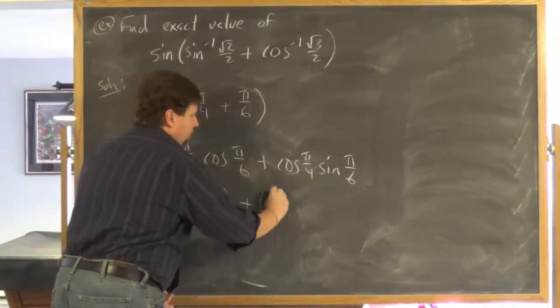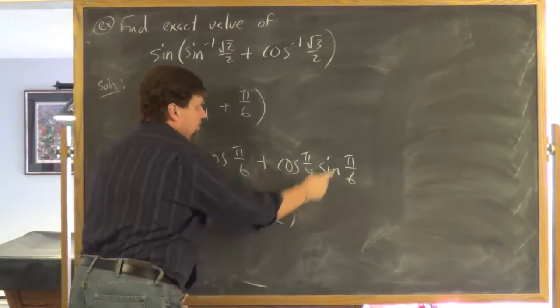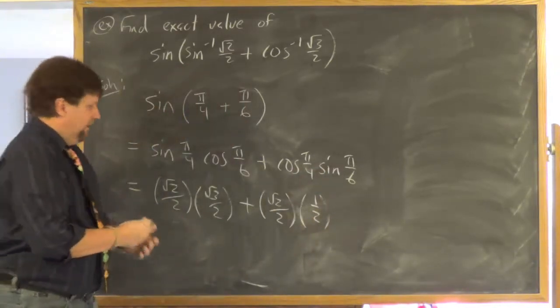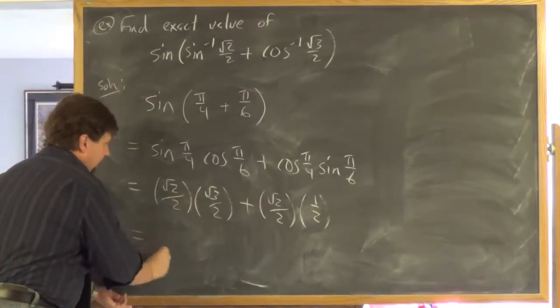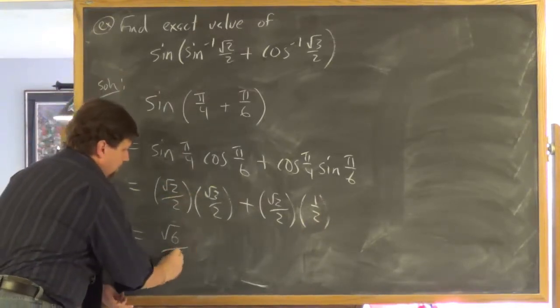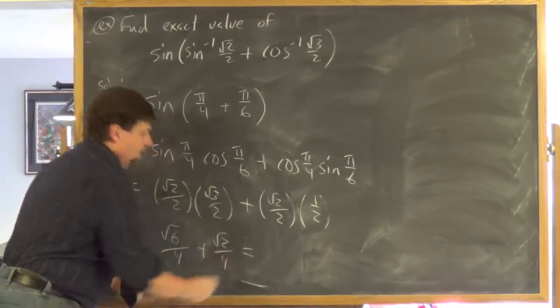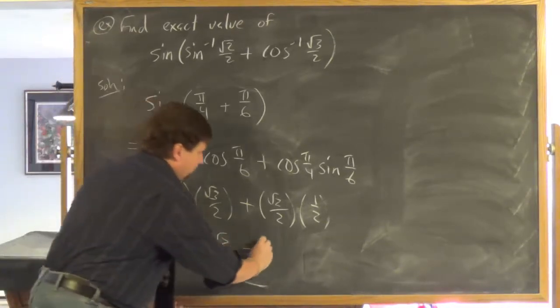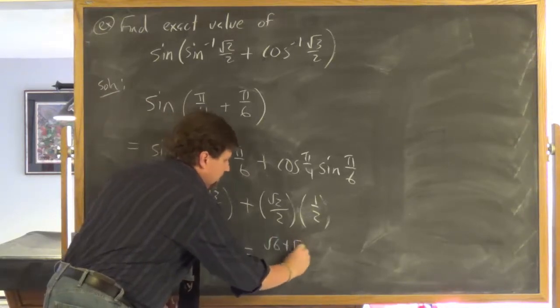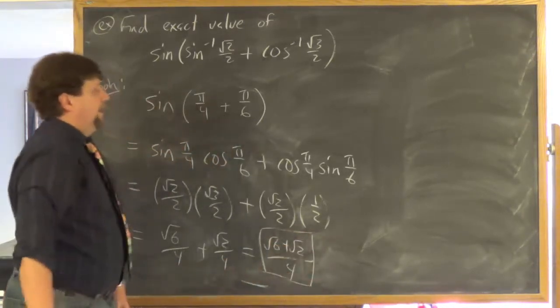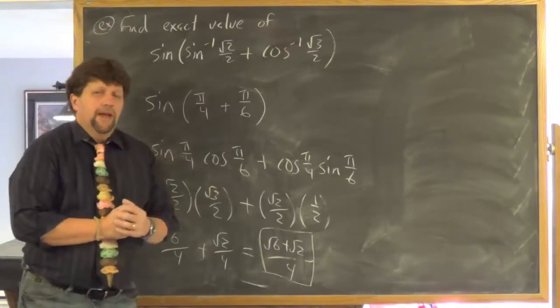Cosine of pi over 4, square root 2 over 2, and the sine of pi over 6 is 1/2. Multiply these fractions together. Square root 6 over 4 plus square root 2 over 4, or as one fraction, square root 6 plus square root 2 over 4. And that's the exact value of that mess there.